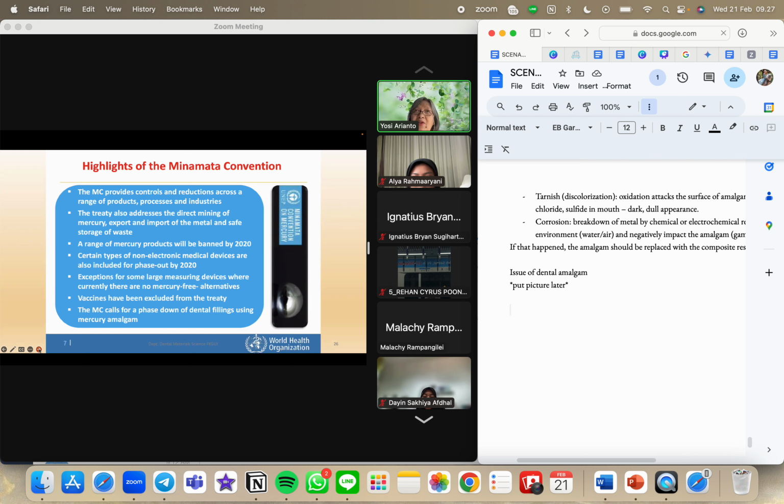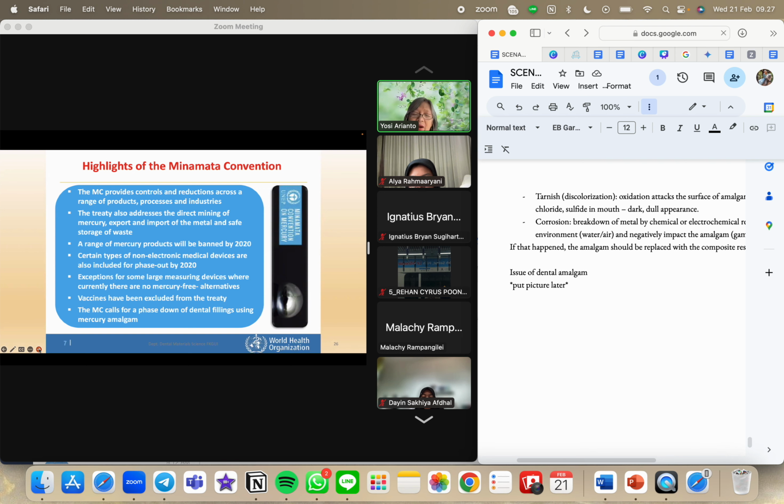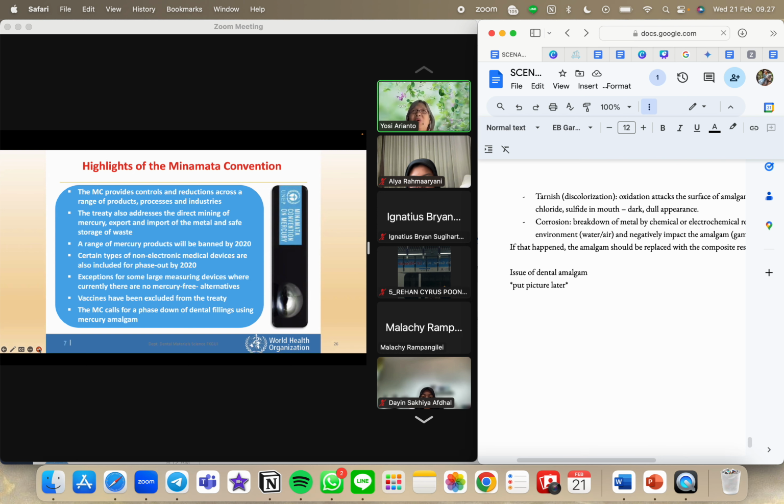Or if some people died and have amalgam, and the body is cremated, the amalgam will be heated and contaminate the air. So that's why the use of dental amalgam should be reduced. Okay.